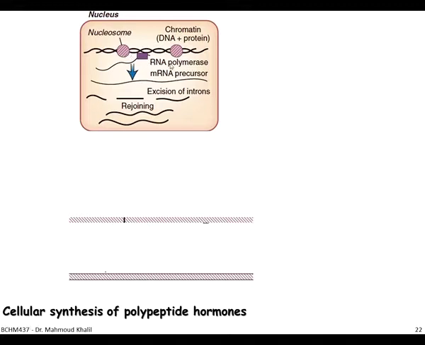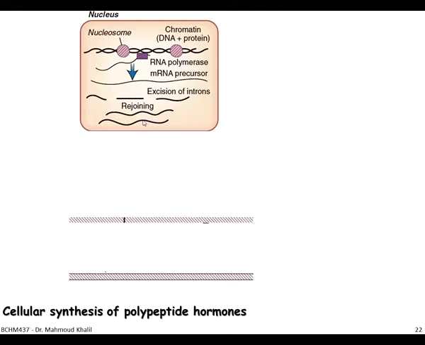RNA polymerase, the enzyme responsible for transcription, binds to the DNA. It transcribes the messenger RNA precursor, the initial molecule of the messenger RNA, which soon after undergoes a process of maturation or RNA processing, until forming the functional messenger RNA.